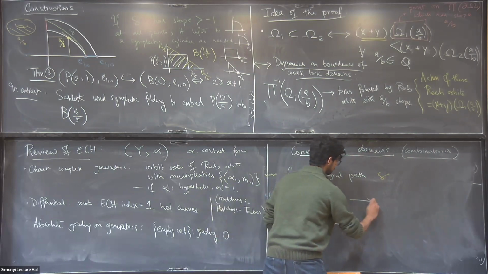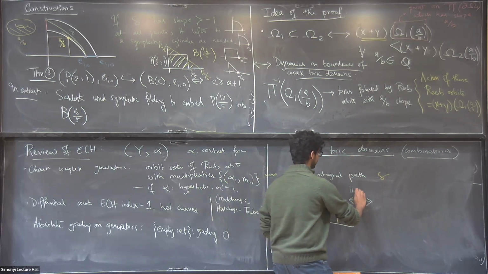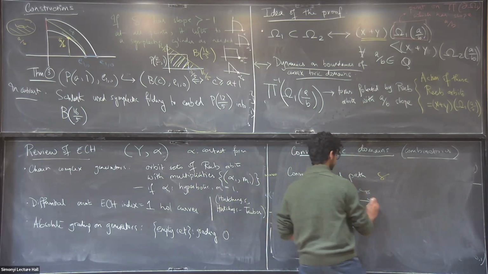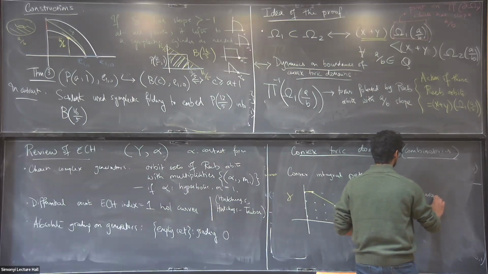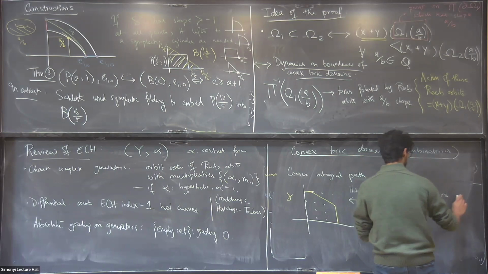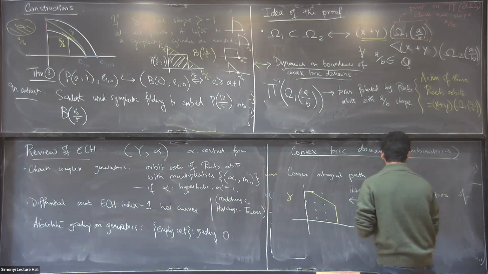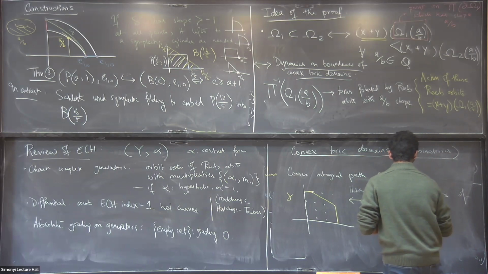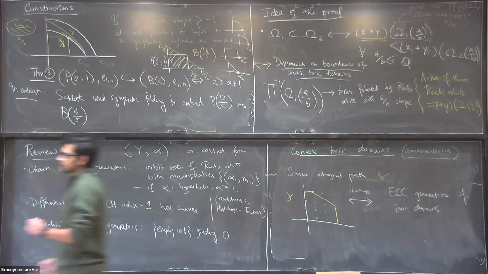These correspond to ECH generators of toric domains.